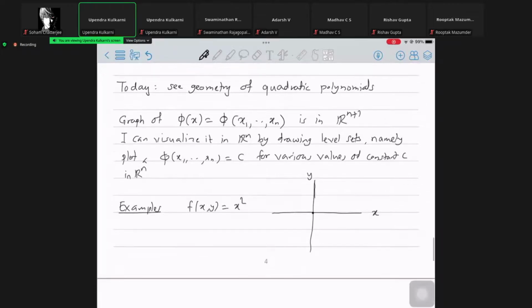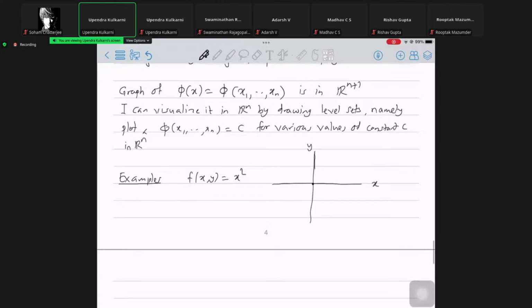And so I just plot this as a level set. So this is the level set 0. Okay. So when x is 1, what is the value of this function? It's going to be 1. So this is the level set for 1.